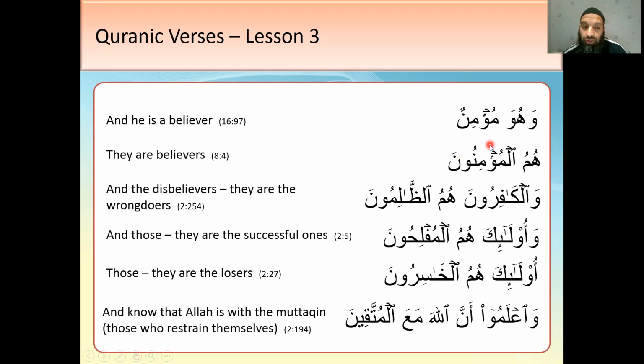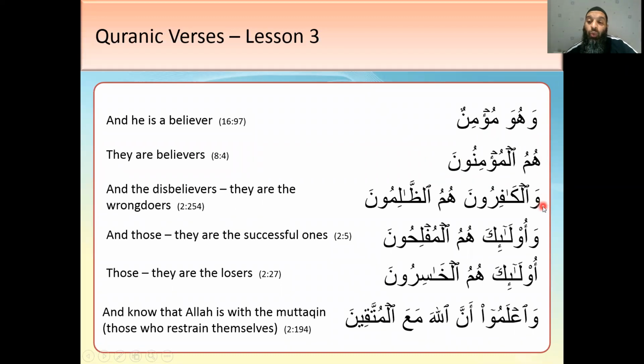And al-mu'minun? Believers. So we've got the una there and the hum. So they are the believers. They all are the believers. Most of the time, it's going to be women included, unless it says separately for the women, like it did in that verse. So they are the believers.